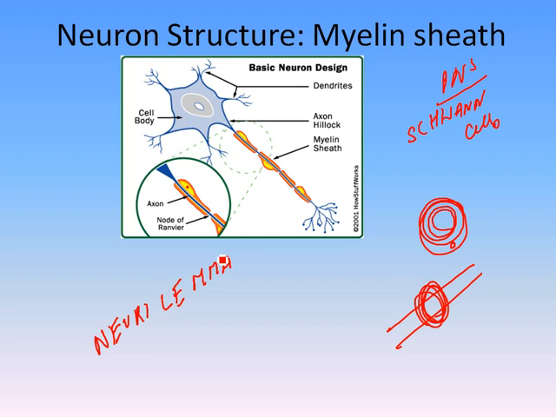The tight inner membrane, so if this is the axon, the membrane out here is rich in a fatty substance called myelin, which is at a higher proportion than other membranes. So this inner sheath will be called the myelin sheath. The outer part of the Schwann cell, which has the nucleus and the cytoplasm, will be called neurilemma.